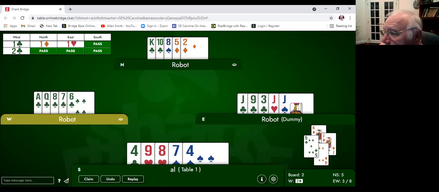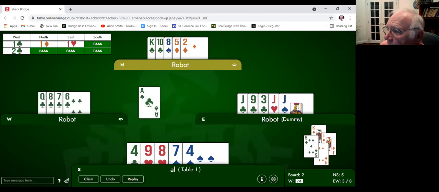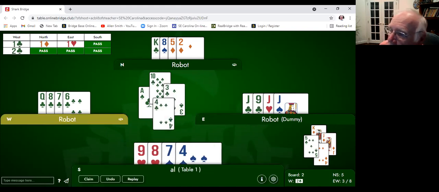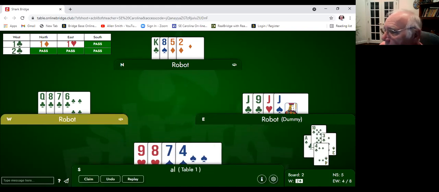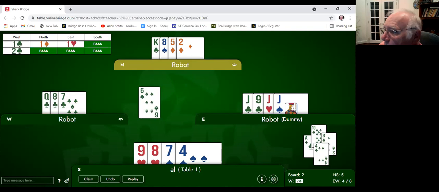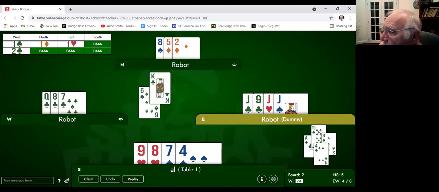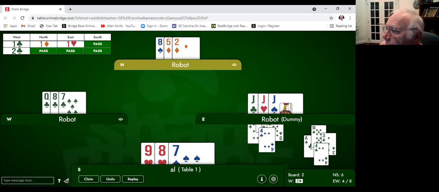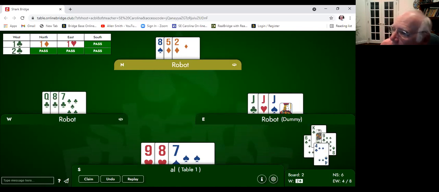Okay, so at this particular point, the declarer says, I don't have any choice at all. He leads the ace of clubs, hoping to drop the king. Okay, and lo and behold, that doesn't work. He's missing the king, so we take the king. Okay, and he's going to get the rest of the tricks. But we've taken 6 tricks.